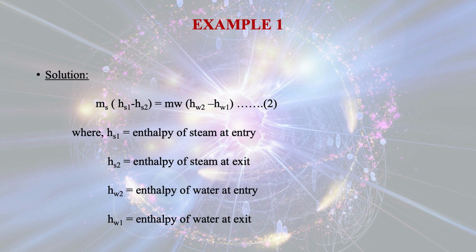Now you see, here the pressure is given, and the condition of the steam is dry saturated. So we can get the value of Hs1, that is the enthalpy of steam at the entry point, from the steam table.